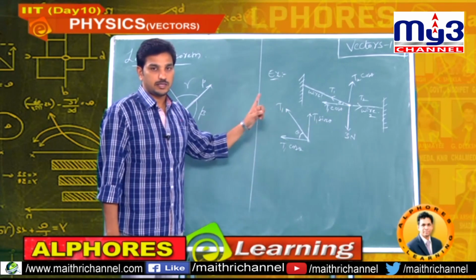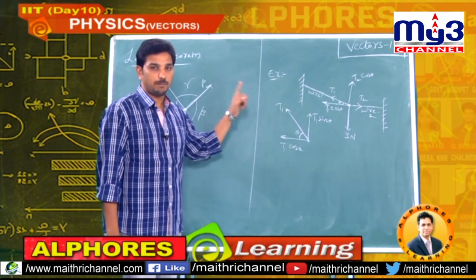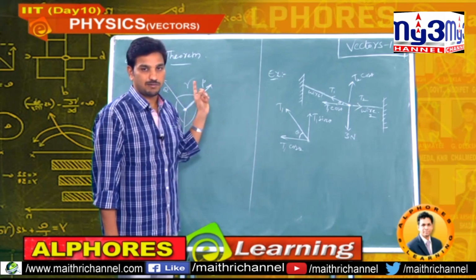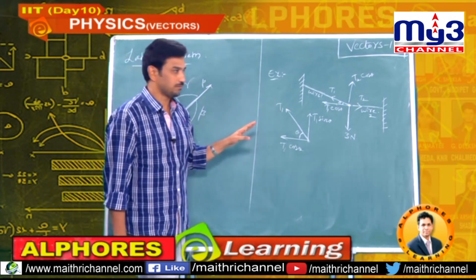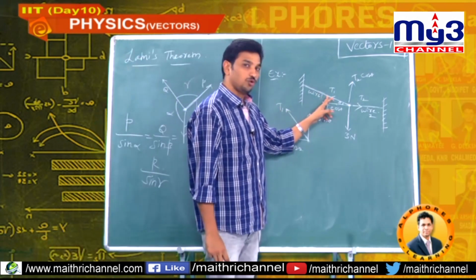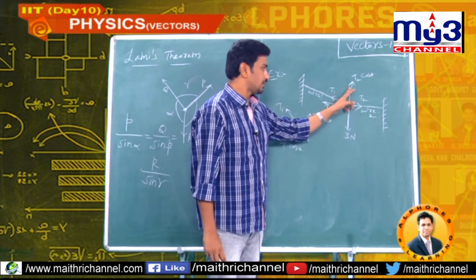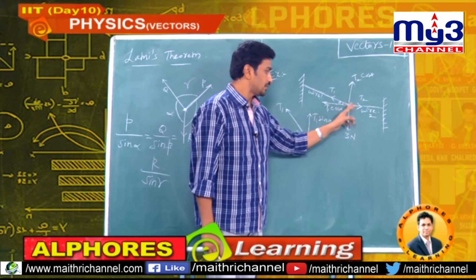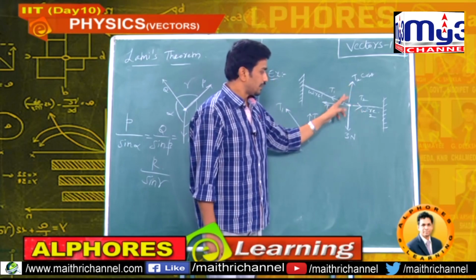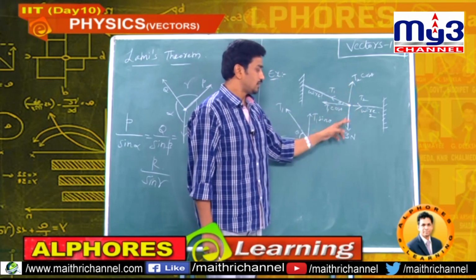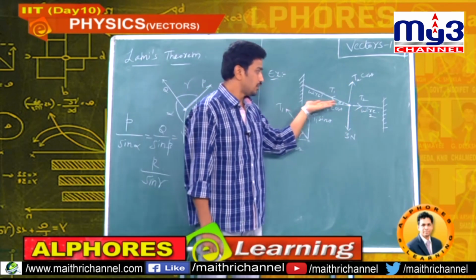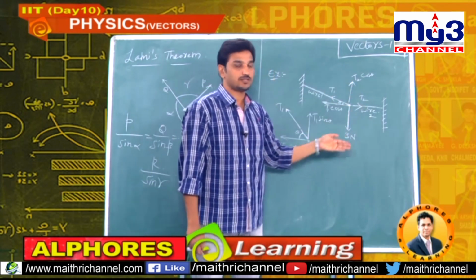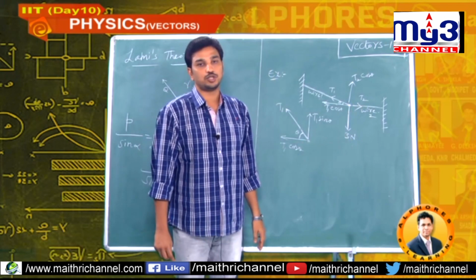Only when the particle is in equilibrium will we apply Lami's theorem. Otherwise we are not going to apply it. T1 is resolved into two components, T1 cos theta and T1 sin theta. Horizontal forces: T1 cos theta is equal to T2. Vertical forces: T2 cos theta is equal to 3. Horizontal force is balanced, vertical force is balanced. Now the net force is 0.